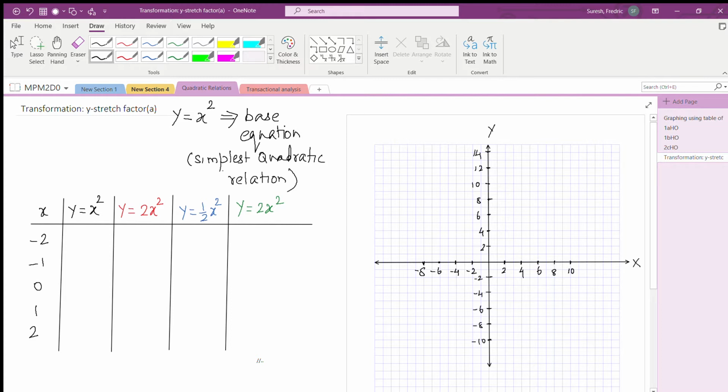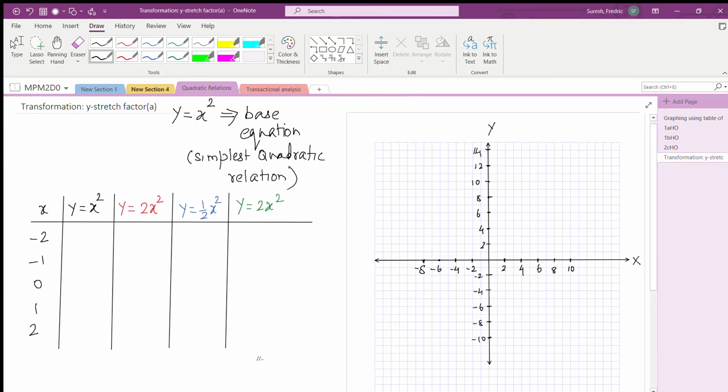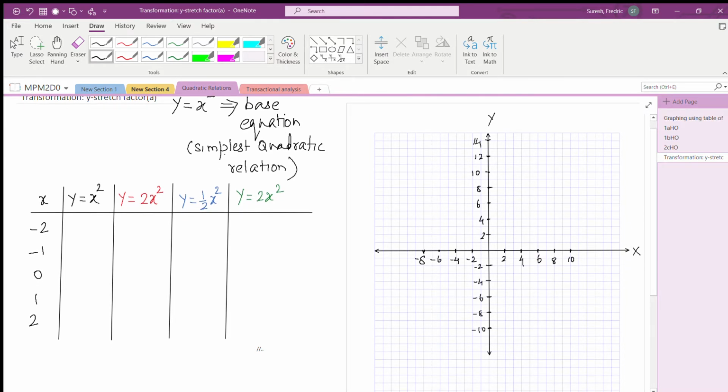quadratics. So let's do the base graph first, and this is something that you must be able to do fluently. So make sure you learn how to do this without too much thought. With the base graph, x is given. I've just taken these numbers, -2, -1, 0, 1, 2, and the base graph is y equals x squared. So what we're doing here is substituting the -2.